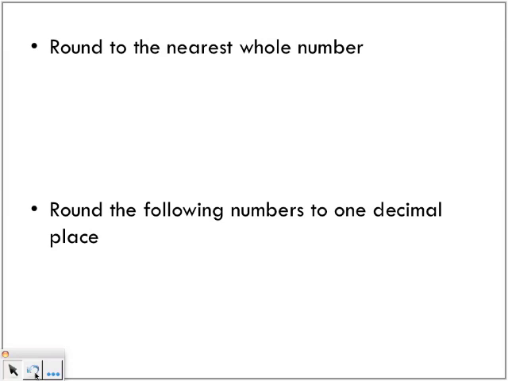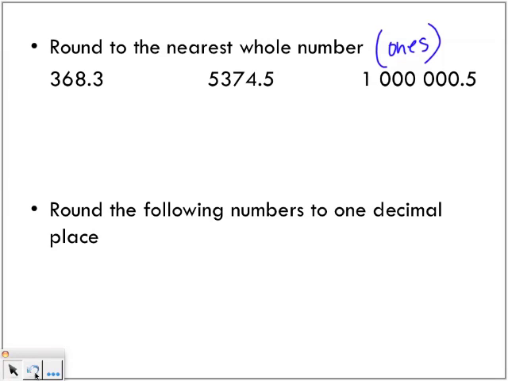Exactly, a number without a decimal, or every number that is before the decimal. Which means the last whole digit, which means really what place value? The ones. So another way of saying whole number is pretty much rounding to the nearest ones. So let's look at a couple of questions here.